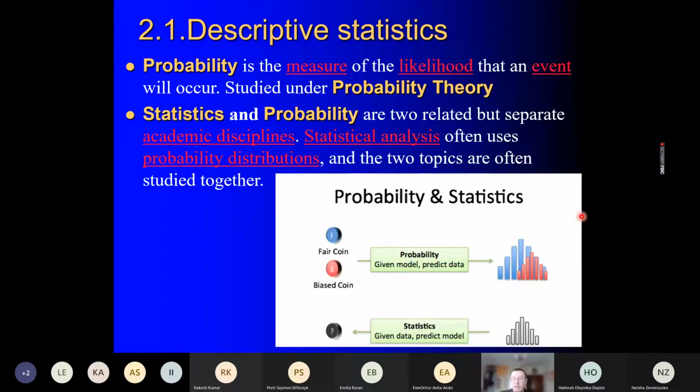How many times will it be the numerical or the picture side? In statistics, we are already given data, for example the result of this tossing of coins, and we want to determine whether it follows some specific pattern, or whether it is absolutely random, etc.